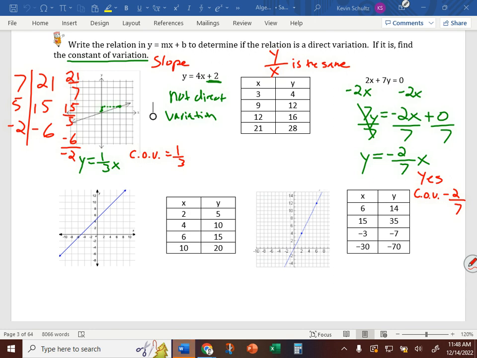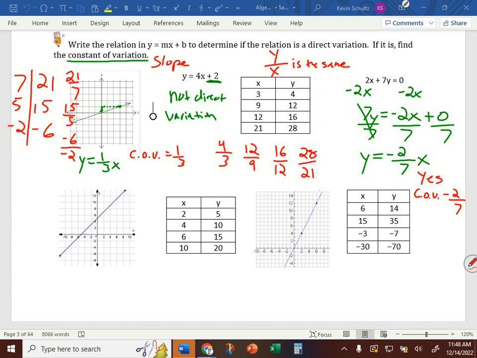So all we got to do is take each of these ordered pairs and test it. 4 divided by 3, our first ordered pair. Is that the same as 12 divided by 9? Yes. Is that the same as 16 divided by 12? Yes. Is that the same as 28 divided by 21? Yes.